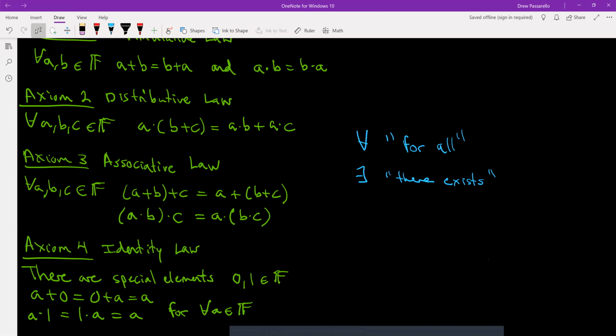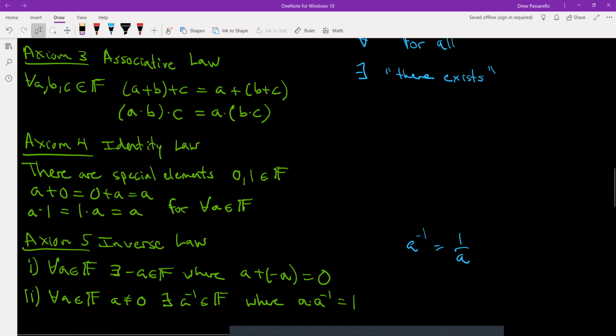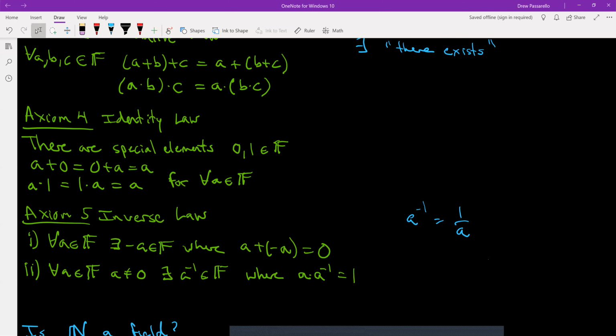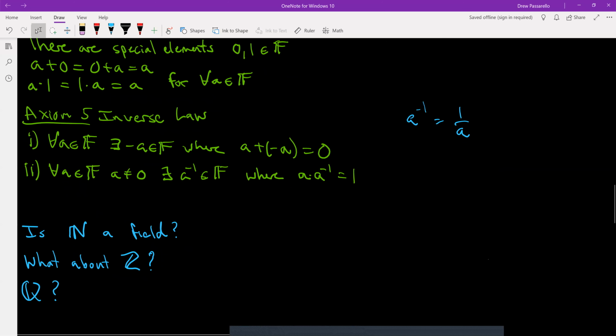Distribution, that would hold. Associative, that holds. But notice there's no element 0 in the natural numbers. And also we don't have these inverse elements, the negative values, and also the reciprocal values.